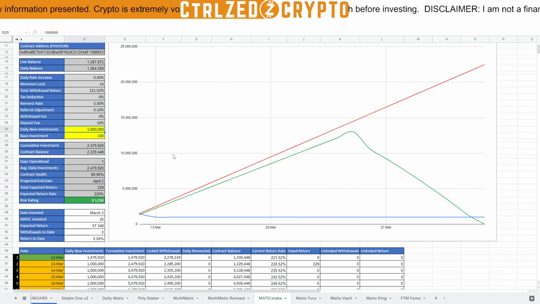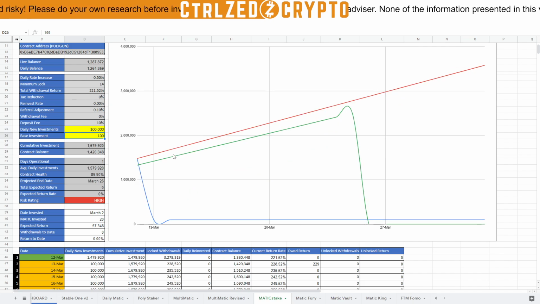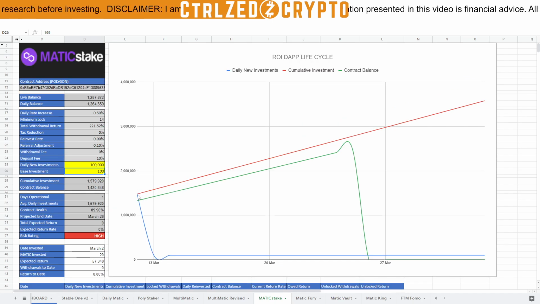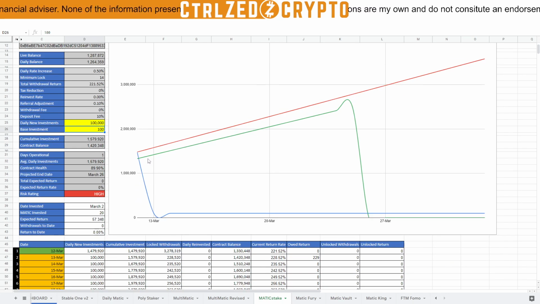So if this dropped down to something a lot more reasonable, which might be, let's say, 100,000, what does that do to the curve? Well, you can see it there. The blue line, the daily new investments, drops from the million down to about 100,000, and that means the red line, the cumulative investment, goes up but not at quite as sharp an angle.